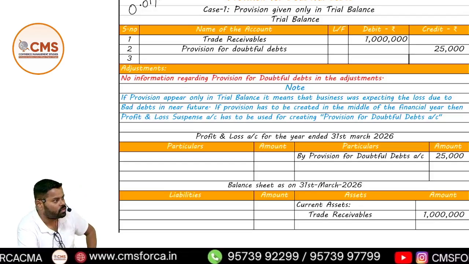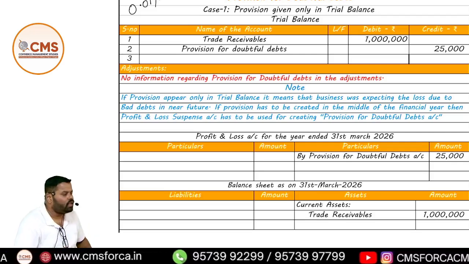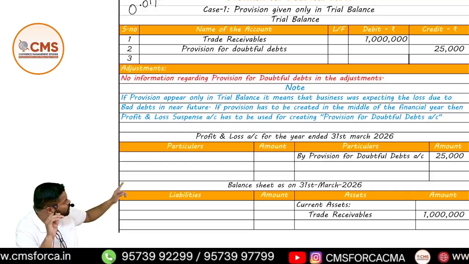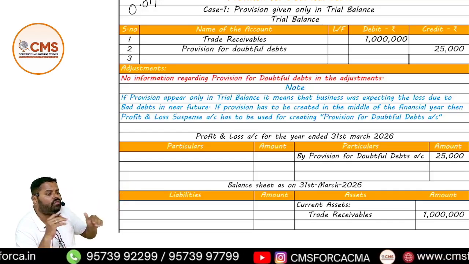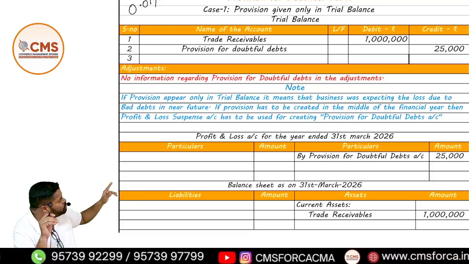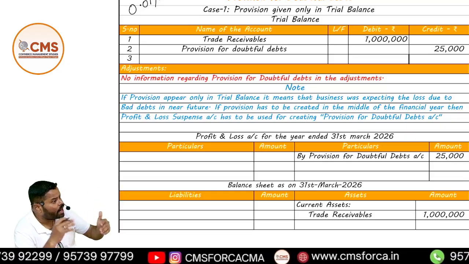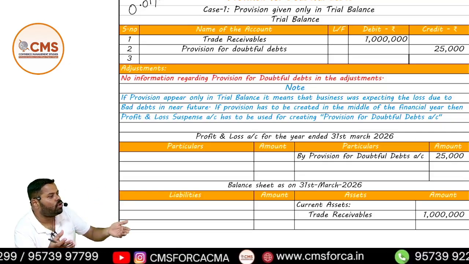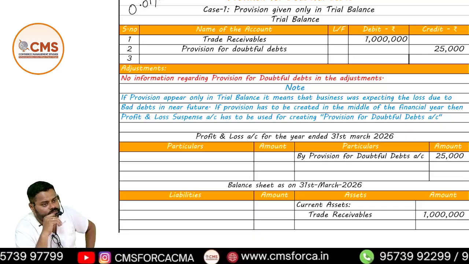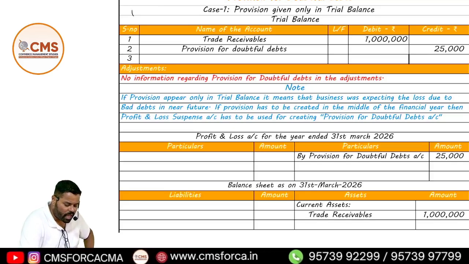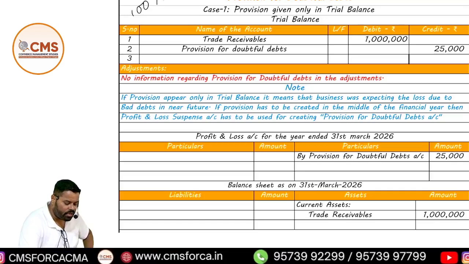What is this 0.01 percentage? Technically, it is impossible that it will happen. But even if you have the doubt that there will be a loss because of bad debts and the probability is 0.01 percentage, it says that write it as an anticipated loss in your books of accounts. Got the clarity? So what is this 0.01 percentage? If it is 100 percentage confirmed, then we will call it as what?